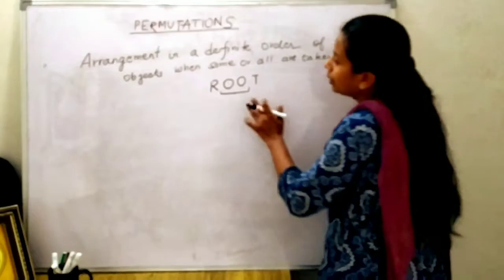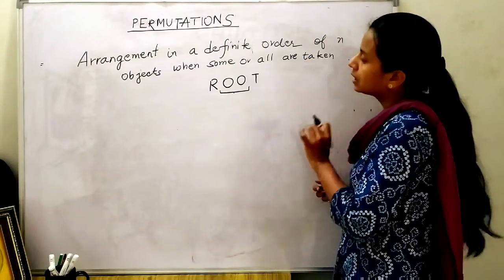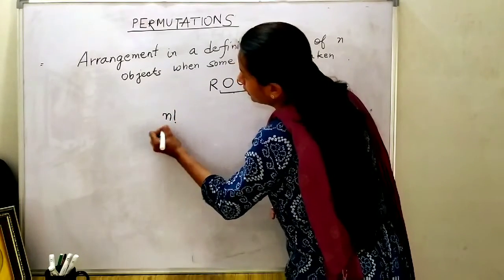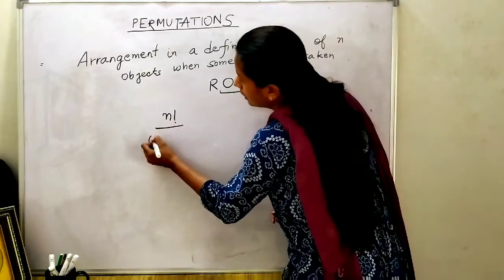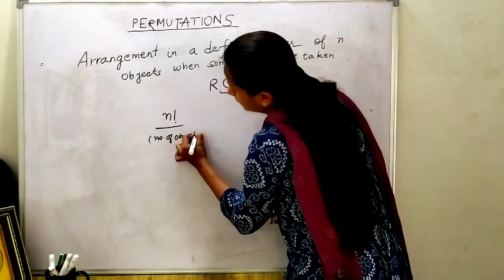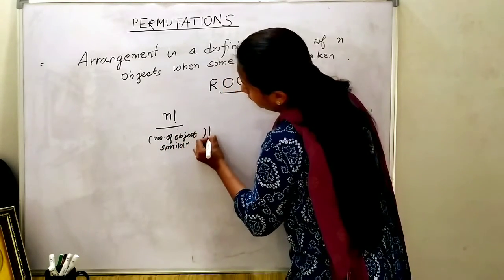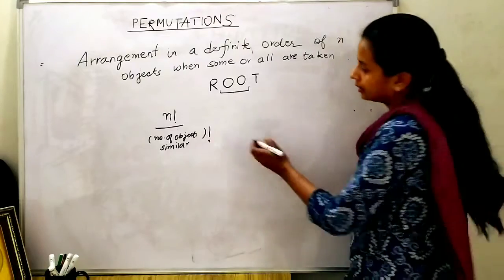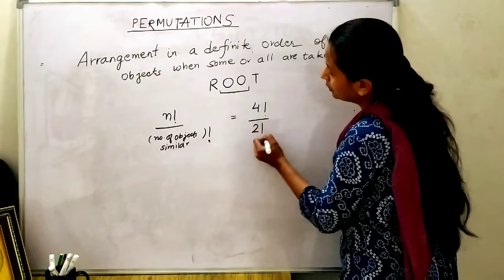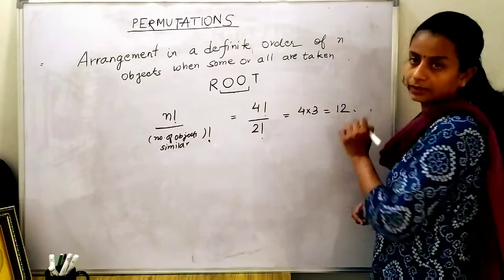Okay, so permutation with some similar objects is given by n factorial divided by the number of similar objects factorial. That is, for this we have 4 factorial divided by 2 factorial. That is 4 into 3, which gives 12.